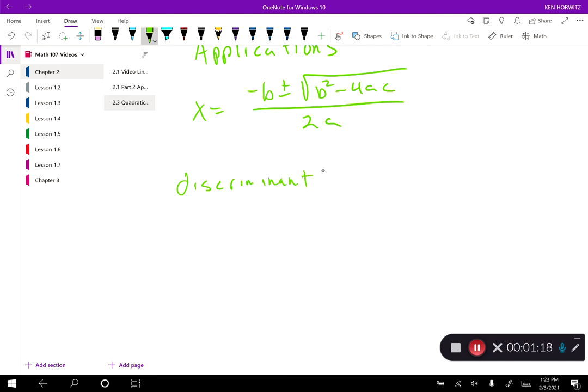All right, and the discriminant is b squared minus 4ac, which is under the square root symbol. If the discriminant, b squared minus 4ac, is greater than 0, you know something about your solutions. You have two real solutions.